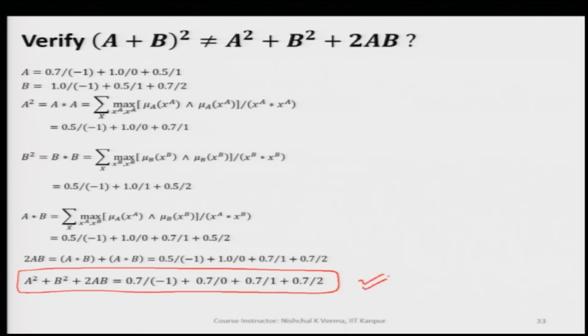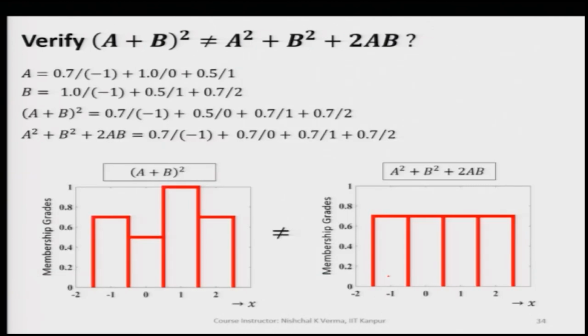So, this is the expression that we are getting as a result of A square plus B square plus 2AB, which is nothing but the RHS. So, we are writing here, this was our LHS and this was our RHS.